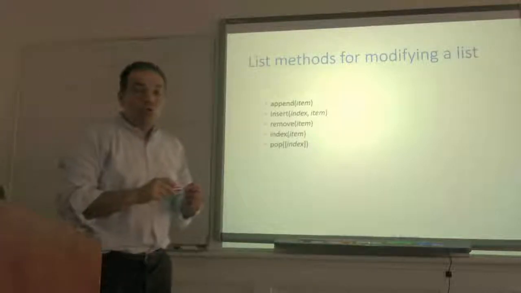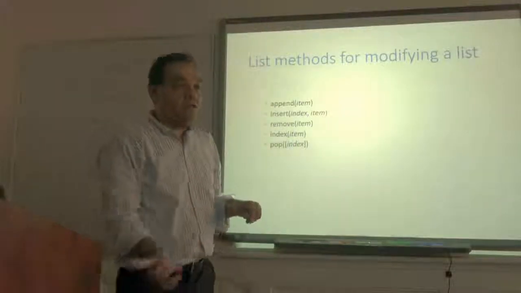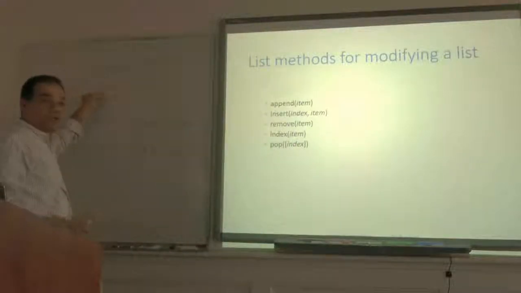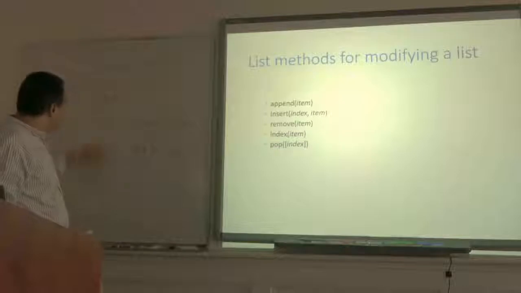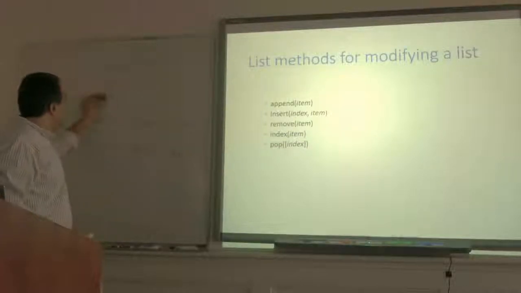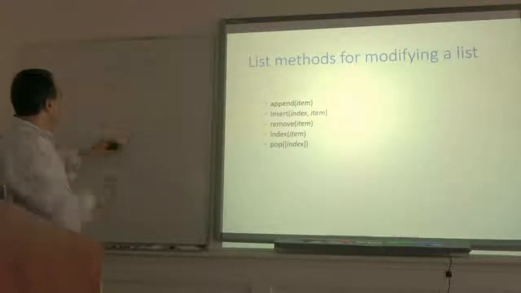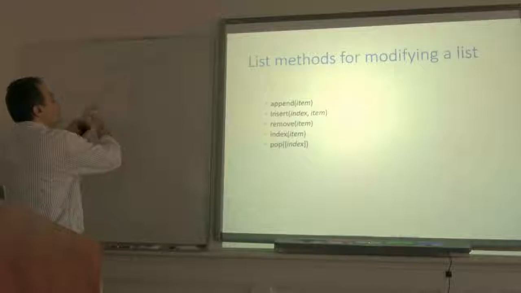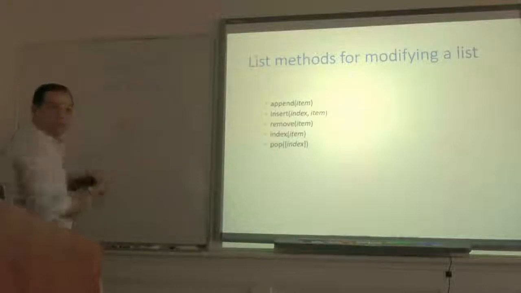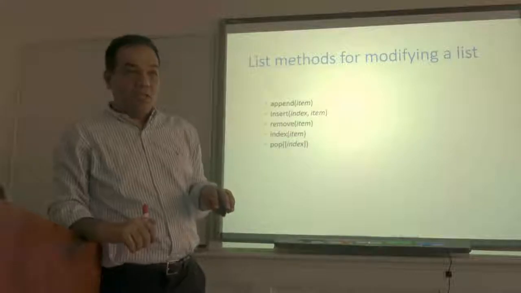So a method is usually part of a class. To call it, you usually use the dot operator. For a function, you don't need the dot operator, you just call it and pass whatever parameters to it. There's a little difference between a function and a method.